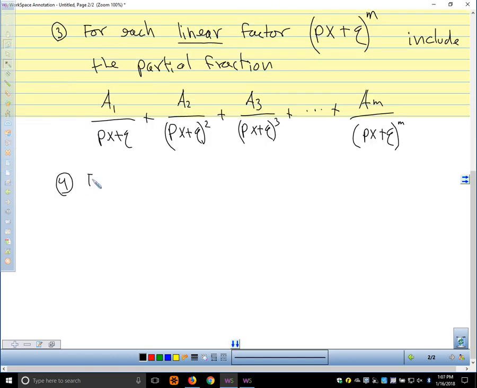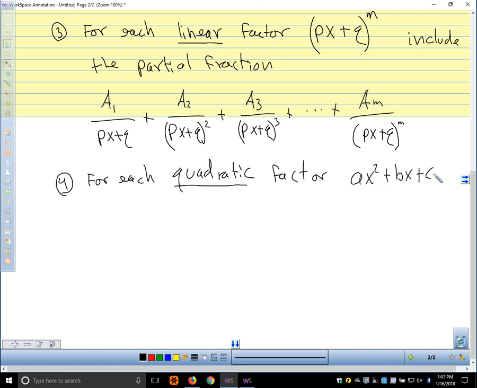For each quadratic factor, I'm going to write that as ax squared plus bx plus c. And that possibly could be raised to some exponent. We factor it, and we can't factor this anymore.